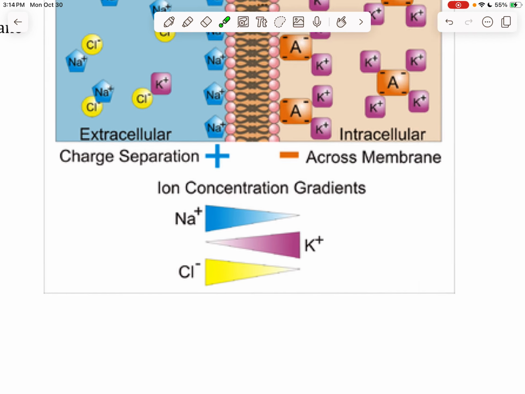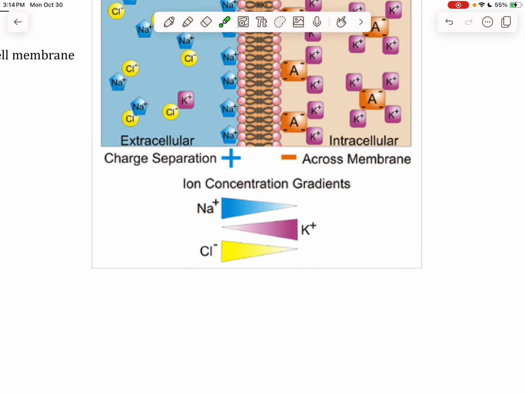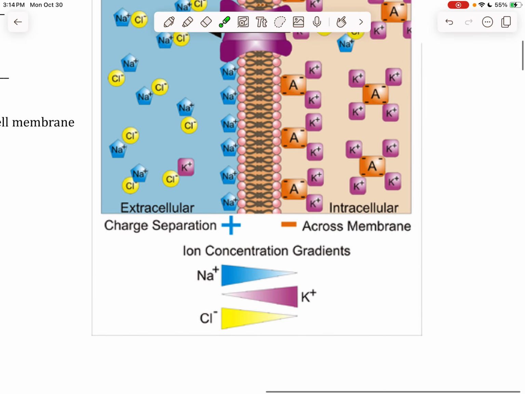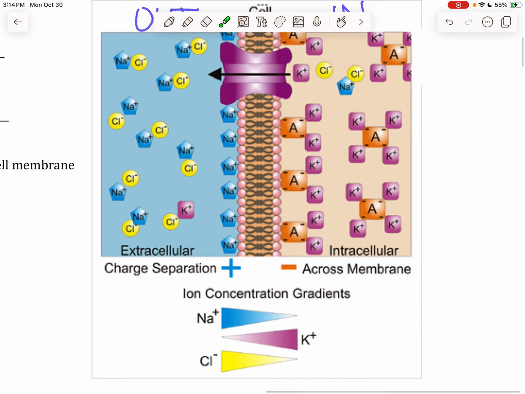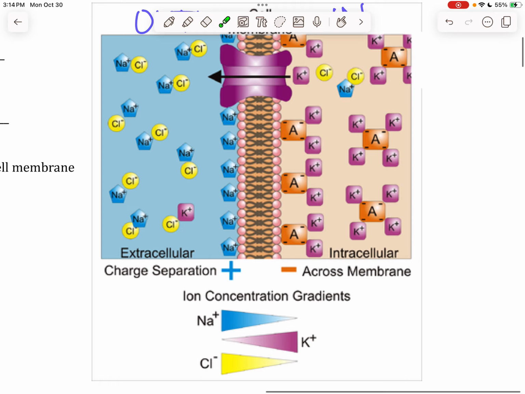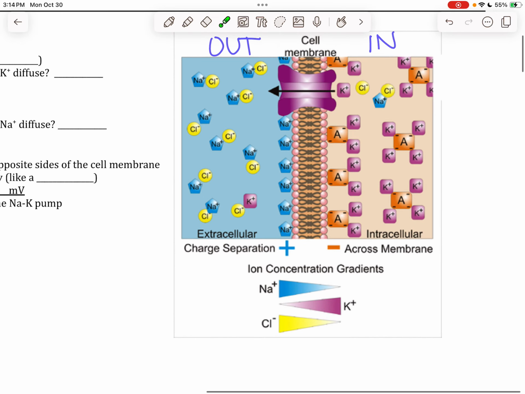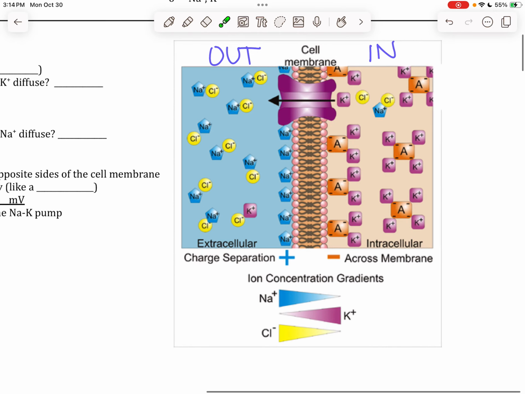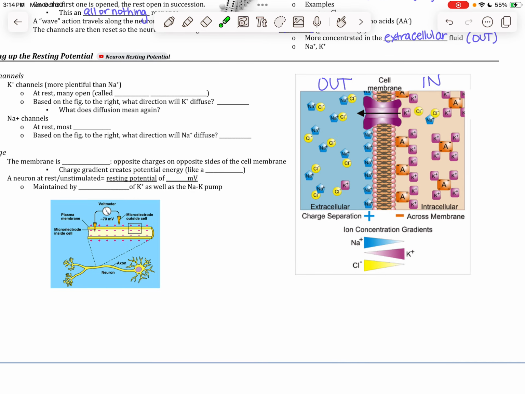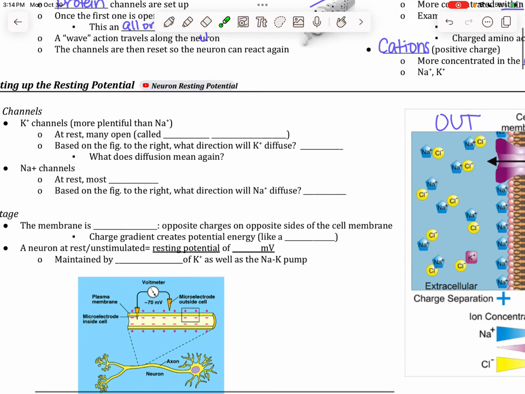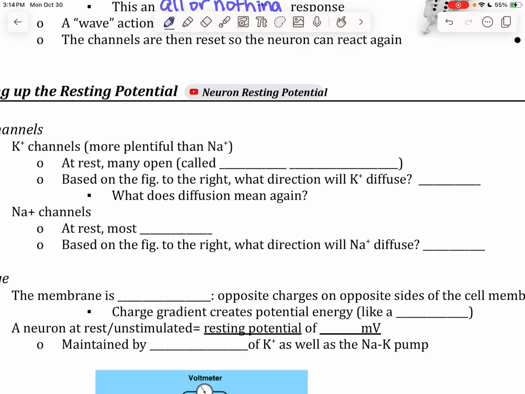You're going to have more sodium outside of the cell, more potassium inside the cell, and chlorine is more prevalent outside the cell. So you can imagine what direction they naturally diffuse in, because we already defined diffusion in our last lecture as the movement of particles from high to low.